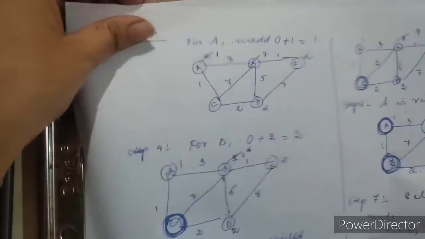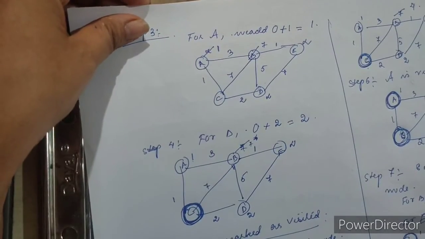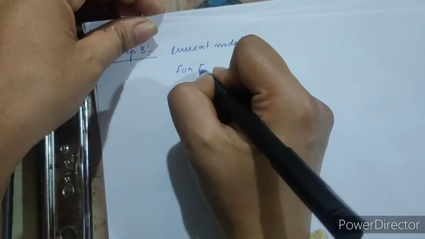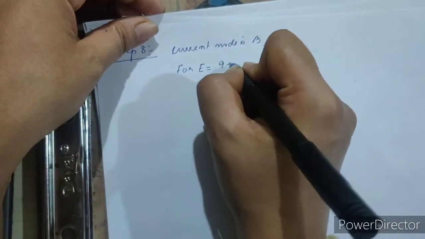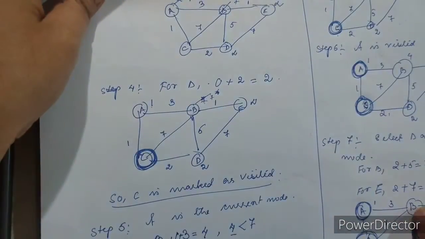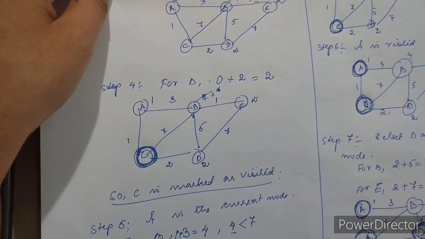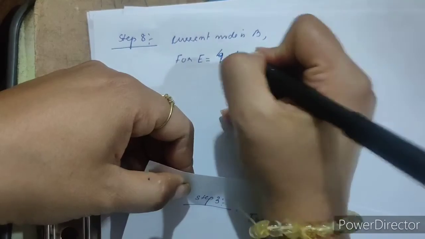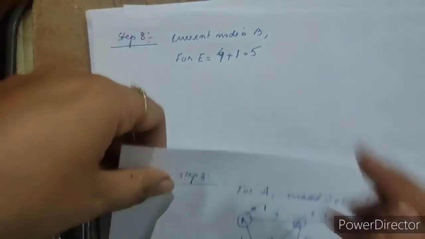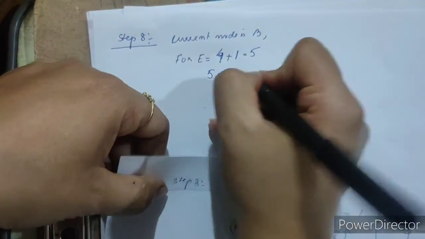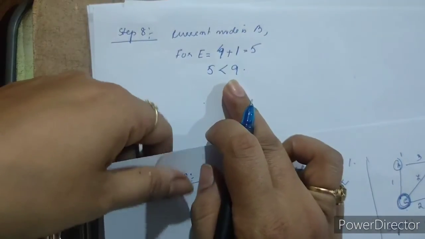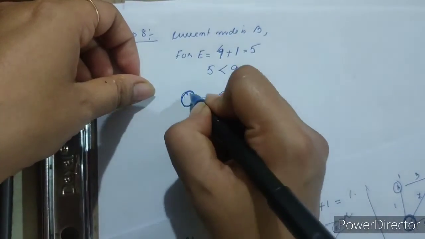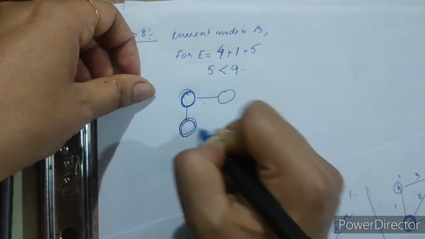We have to check from B only E, right? E is unvisited. So for E, what is the distance? It is 4 plus 1, it is not 9. 4 plus 1 is 5. So 5 is less than 9. So place it in place of this. A little bit darker shade.